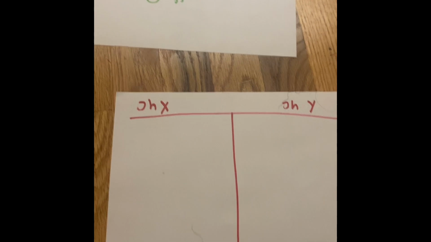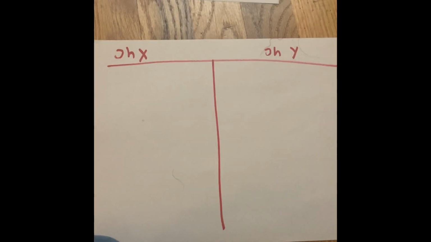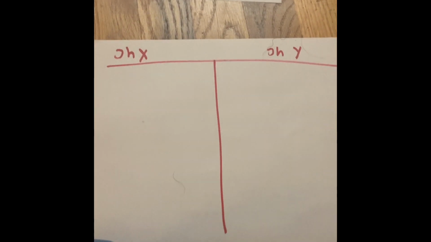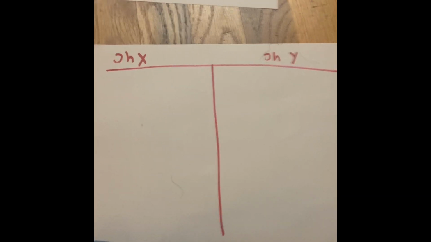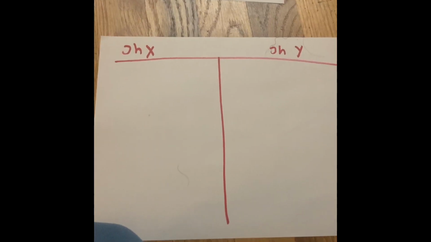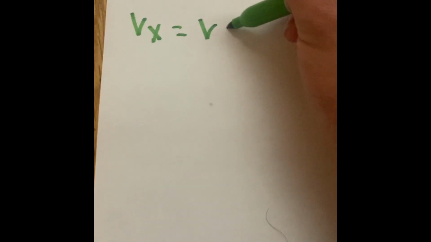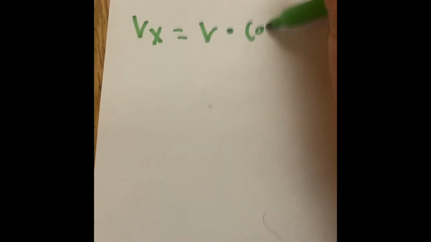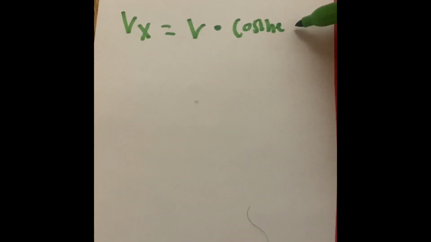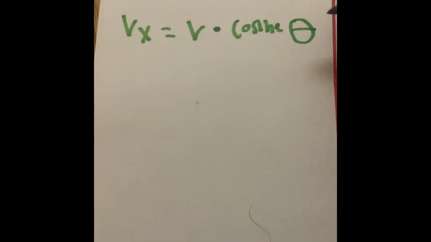So here's what we're going to do. How are we going to find the information on x and the information on y? To find the information on x, your velocity of x is going to be your velocity multiplied by the cosine of your theta, or degrees.